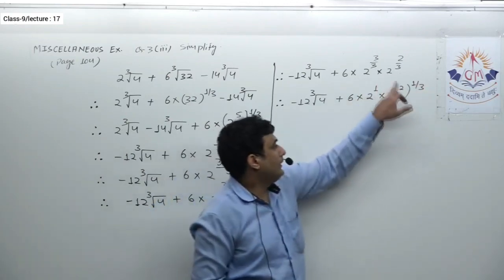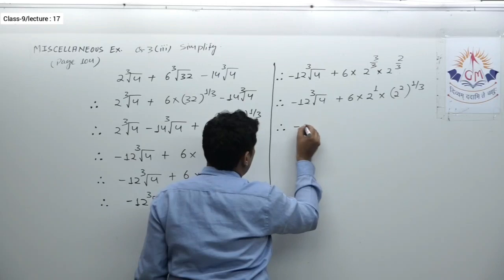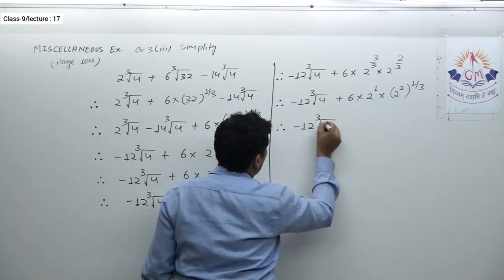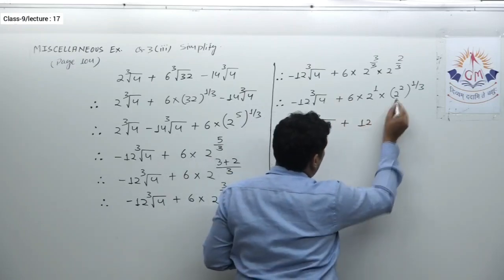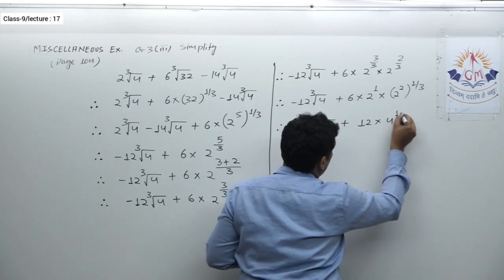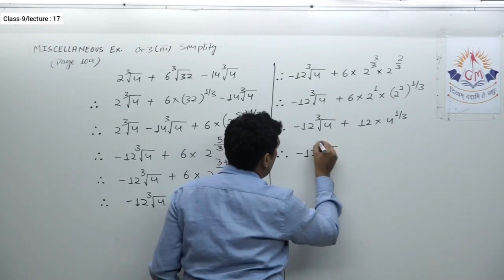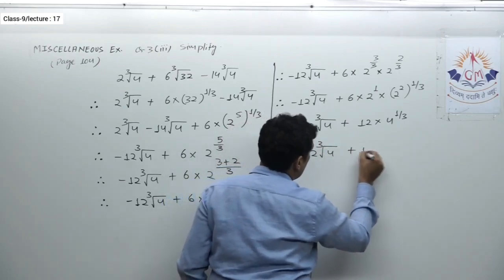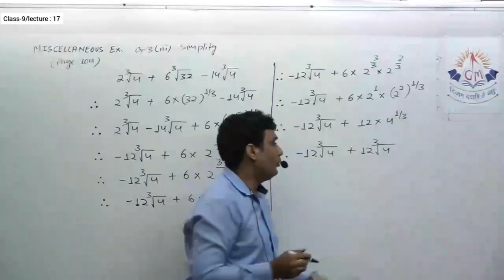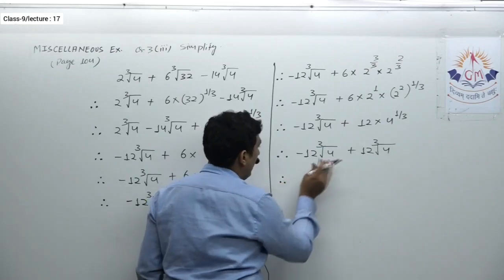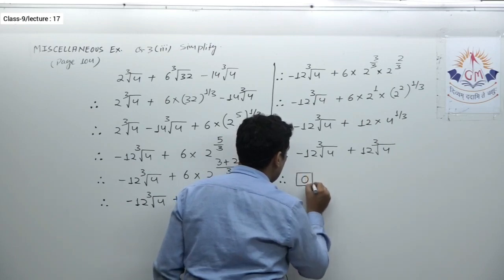This 2 by 3 can be written as 2 squared raised to 1 by 3. So this will become minus 12 cube root of 4 plus 6 into 2, that is 12, and this is 4 raised to 1 by 3. So actually this is minus 12 cube root of 4 plus 12 cube root of 4. This 4 raised to 1 by 3 is cube root of 4 itself. When you add two quantities with opposite sign, you will get 0. So here the final answer is 0.